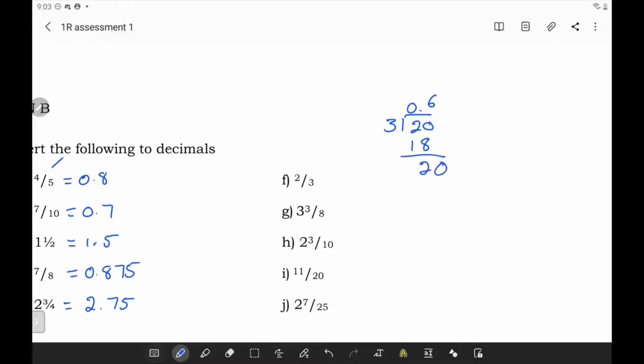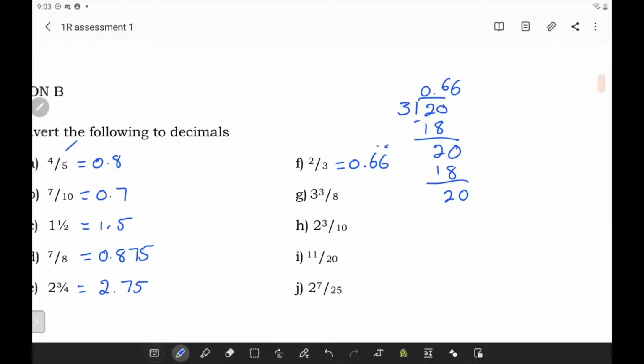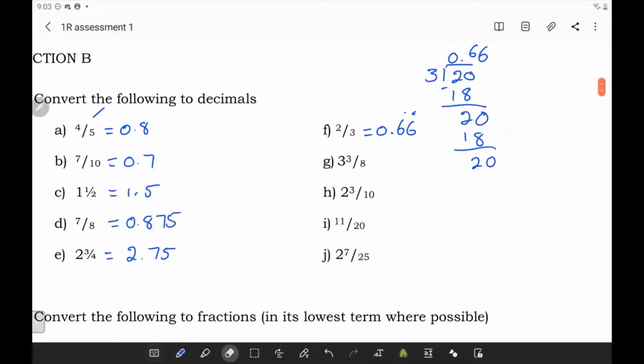Remainder 2 after the subtraction. So 3 into 20 again is 6. And we see a pattern immediately. So this would be 0.66 recurring. And we can just write a dot on top of them to show that this is where the recurrence is. Okay, nice.